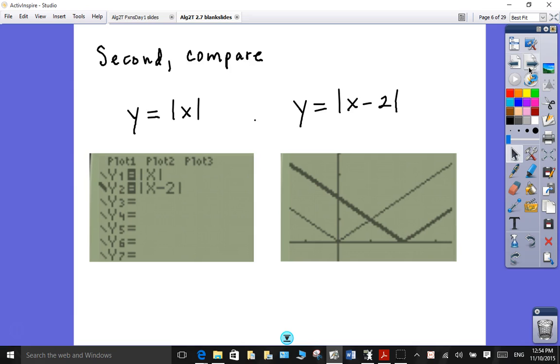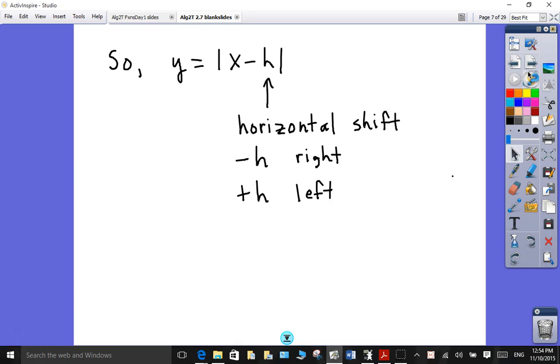And you could prove it to yourself, right? Just put it in the calculator and see what happens when you do a minus inside. So if the inside says minus a number, that means it's going right.